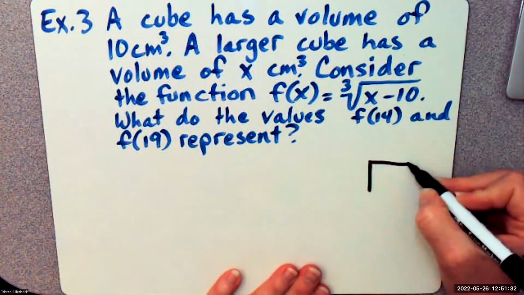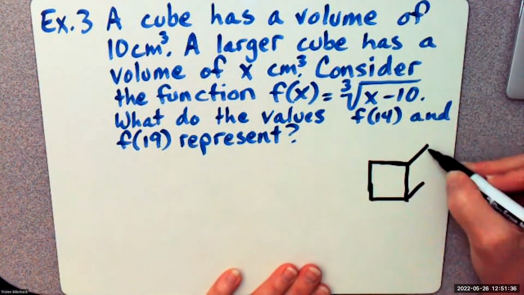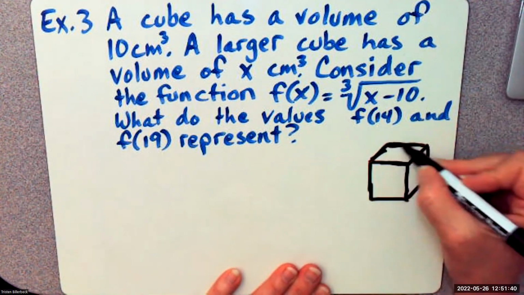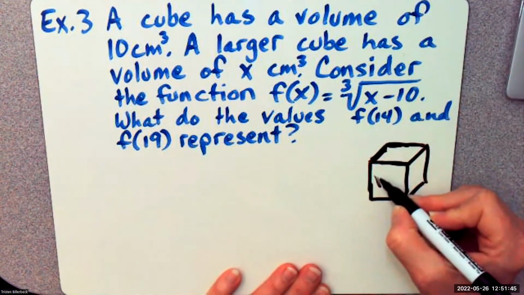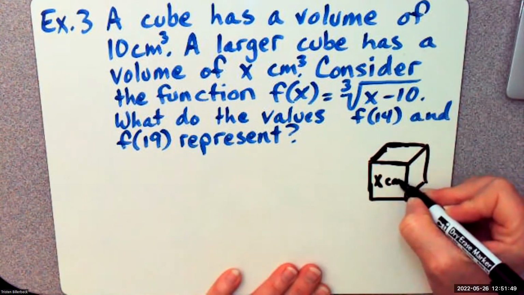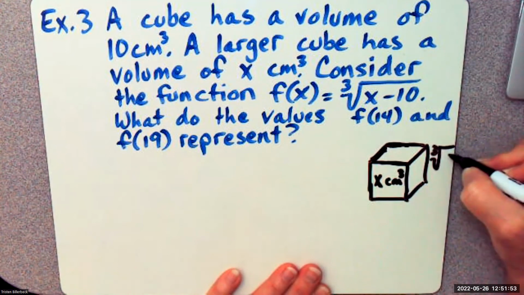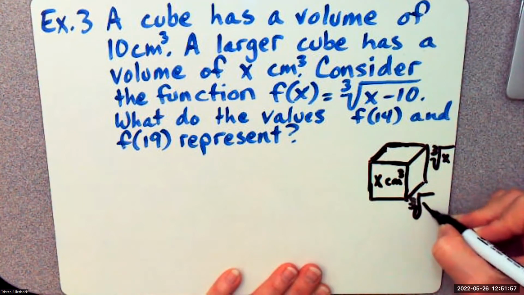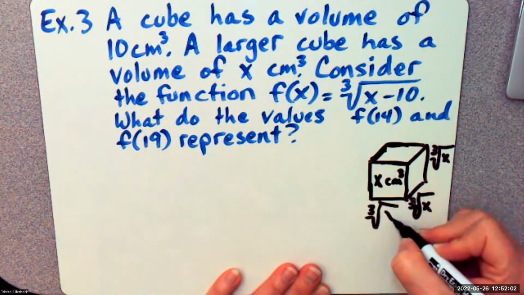Okay, so what that means, if I have a cube and it's x centimeters cubed, that means this is the cube root of x, this is the cube root of x, and this is the cube root of x.